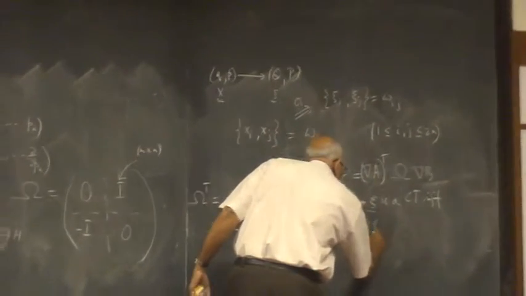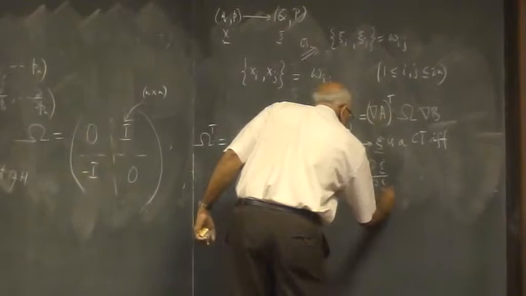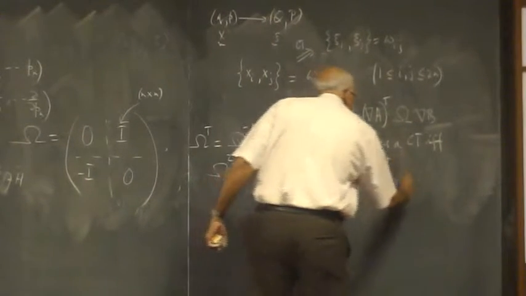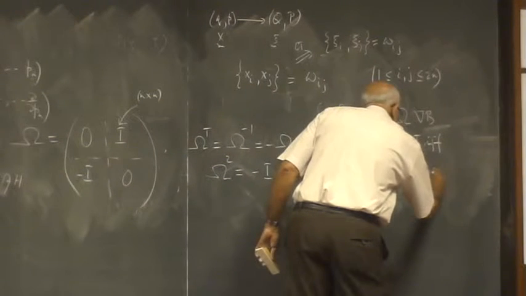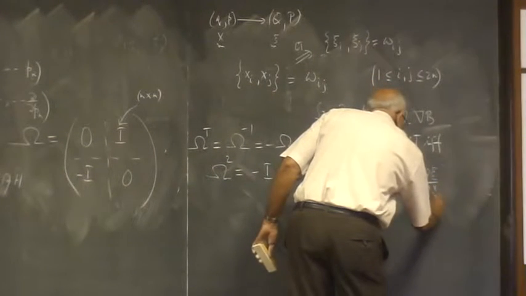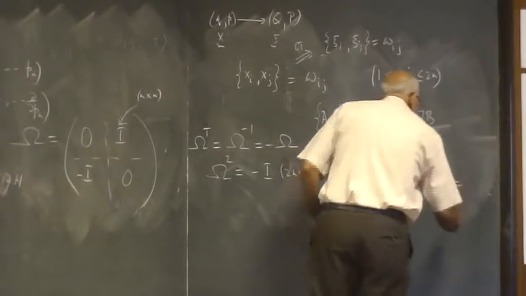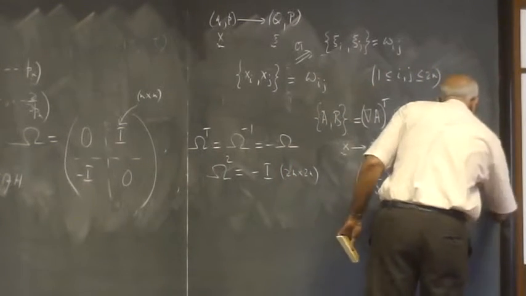The Jacobian matrix, delta xi over delta x, transpose omega, delta xi over delta x, must be equal to omega itself.